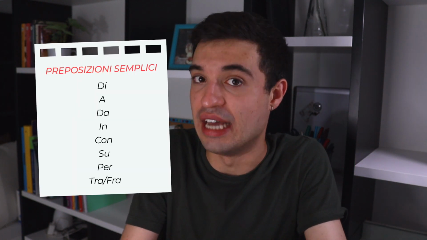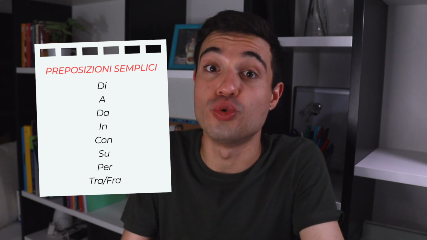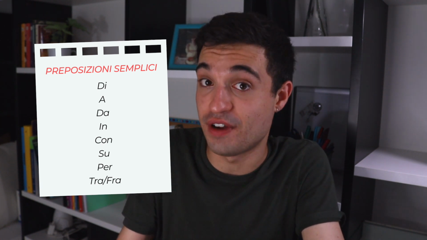But in Italian, we have two types of prepositions: simple prepositions and complex prepositions. Now, simple prepositions is just the word itself, basically. And they are di, a, da, in, con, su, per, tra, or fra. I've made several videos on prepositions that you can go watch on my channel.